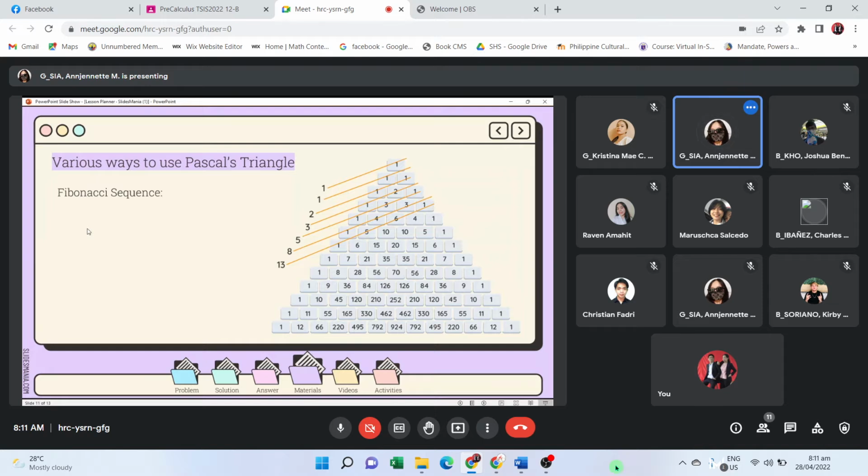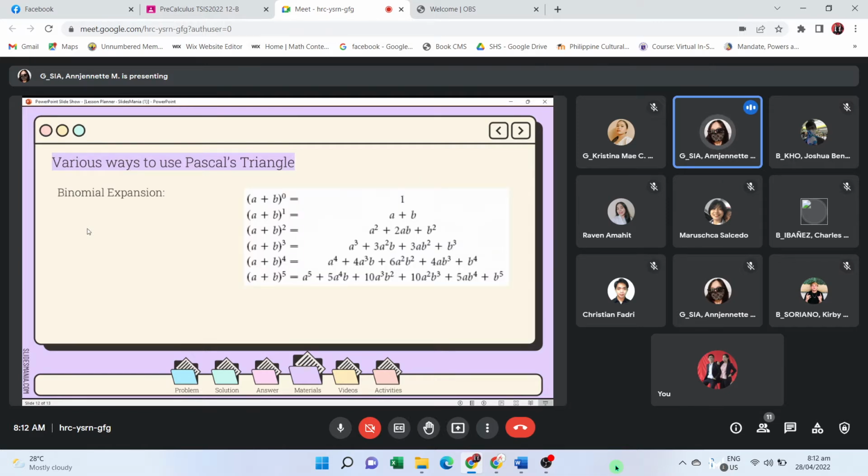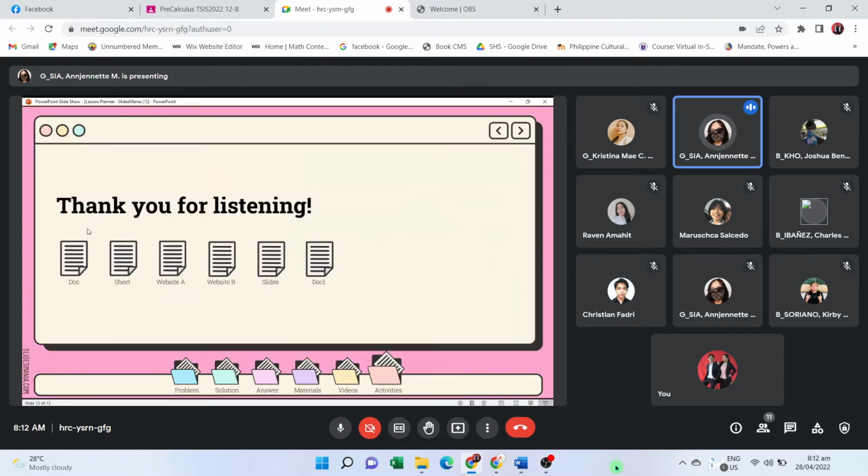The sum of the numbers diagonally is the Fibonacci. We can use it as a Fibonacci sequence. The second is binomial expansion. Using Pascal's triangle, we can use it in expanding positive integer powers of binomials. And that's all. Thank you for listening.